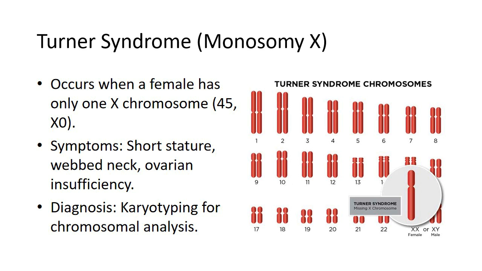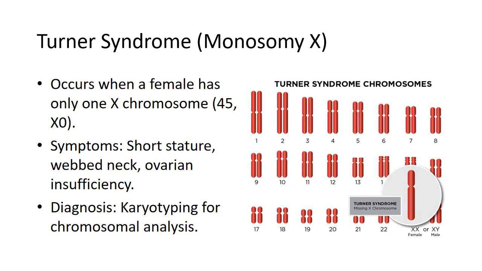Health issues: ovarian insufficiency, leading to infertility and lack of puberty in many cases, also associated with heart defects, kidney problems, and hearing loss. Cognitive impact: normal intelligence but learning disabilities, particularly in mathematics and spatial reasoning.